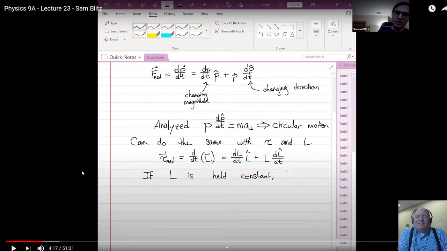In particular, if L, the magnitude, is held constant. Sorry, this word, held. Normally I think that phrase came about when we were literally holding the height of something or holding it back from being moved horizontally. I actually don't think that's the right verb for angular momentum. I think it's the universe that shows us ways to keep the magnitude of angular momentum constant. I'm trying to think if held is the verb that makes sense there.